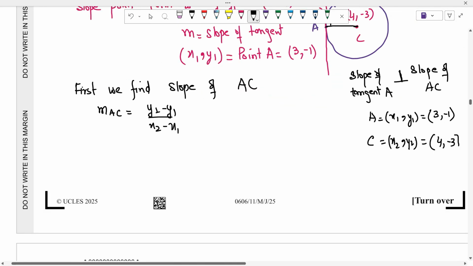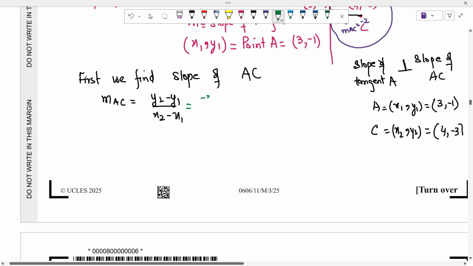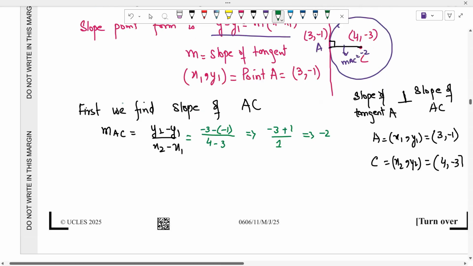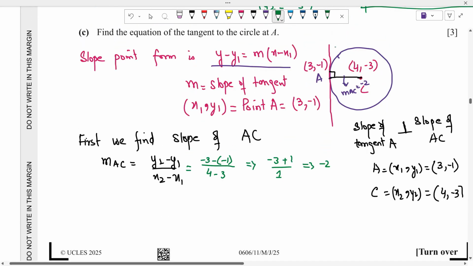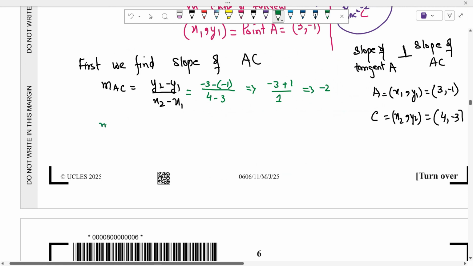So plugging these two values in the slope equation, we will have (-3 minus -1) over (4 minus 3), and this is equal to (-3 plus 1) over 1, which is equal to -2.